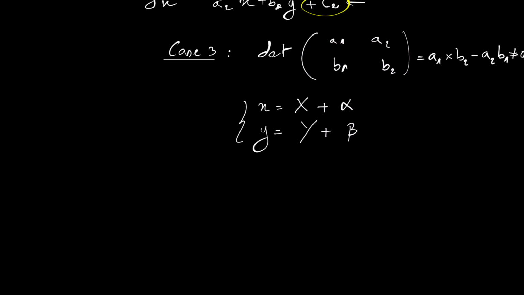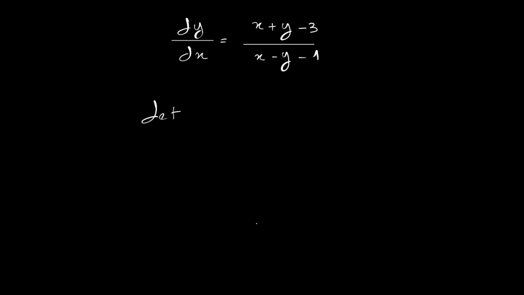Let's see a practical example. I am going to use this example. As you can see, the determinant of the matrix equals minus 2, not equal to 0, then the lines are not parallel.